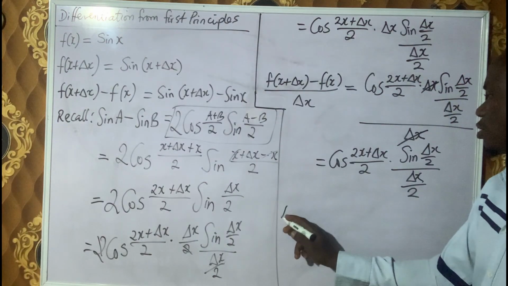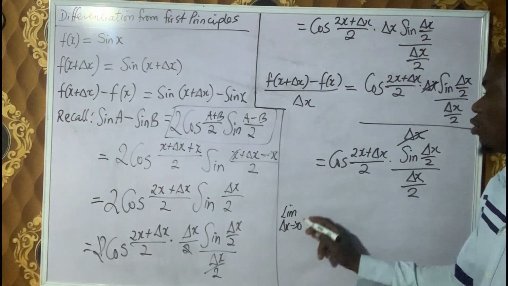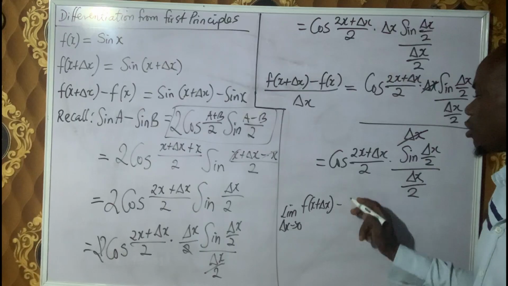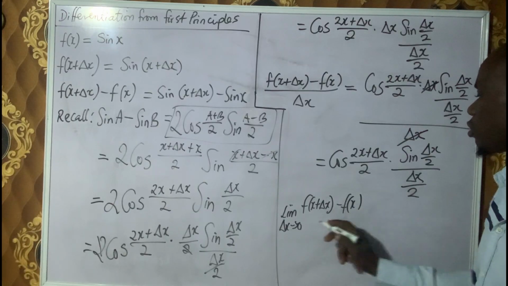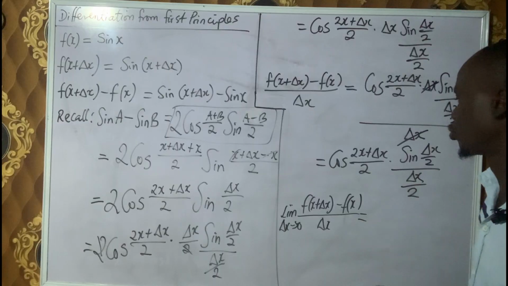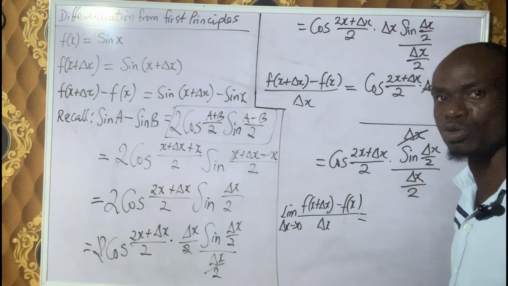If I do that, the limit as delta x tends to 0 of [f(x + delta x) - f(x)] all over delta x is now equal to, anywhere I see delta x now is 0, and the special limit goes to 1.